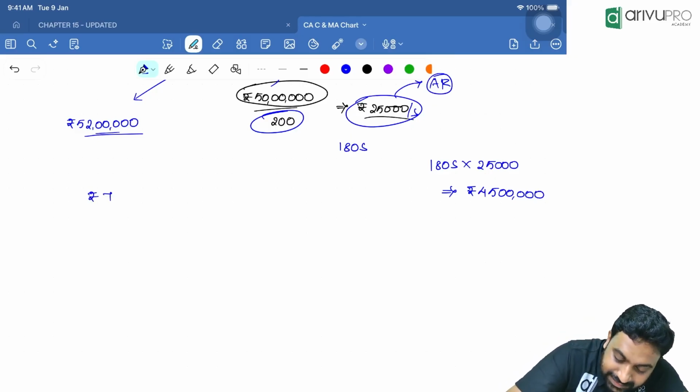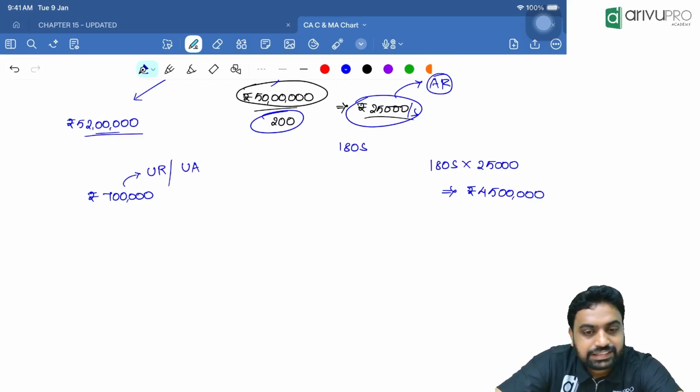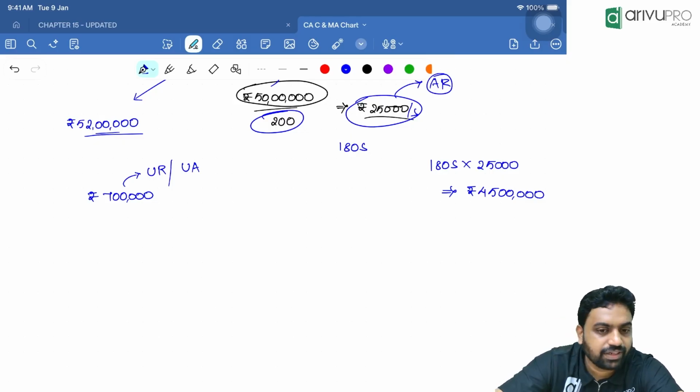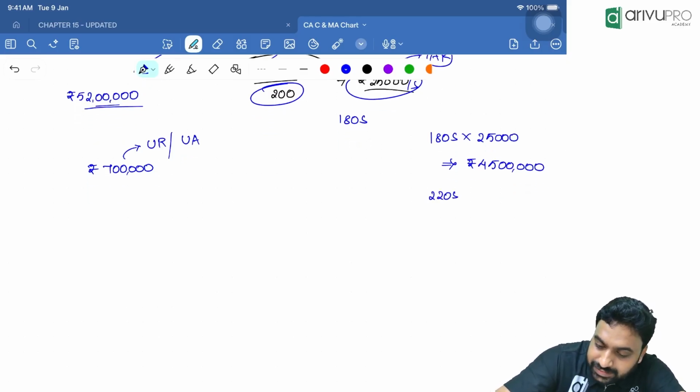That means 7 lakhs is under recovery, or you can call it under absorption. Is that clear? What if we get 220 students?